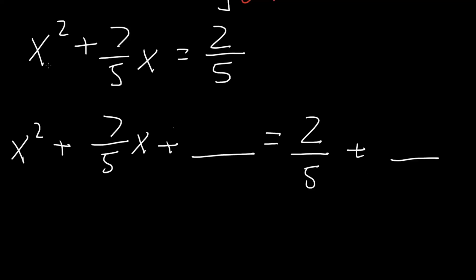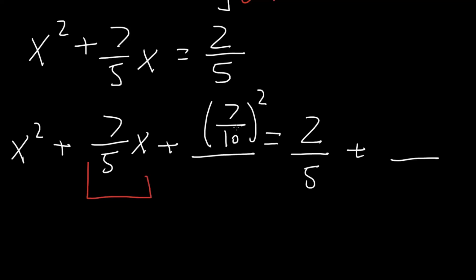And the way we figure it out is by using this term right here, 7/5 x. So what we do is we divide by 2 and then we square it. So 7/5 divided by 2 would be 7/10, and then we square that. So we say 7/10 squared.